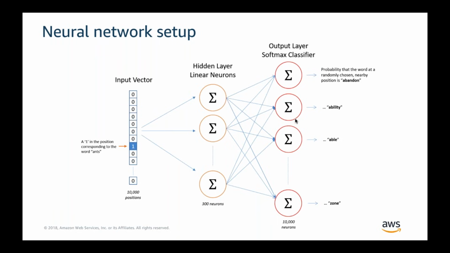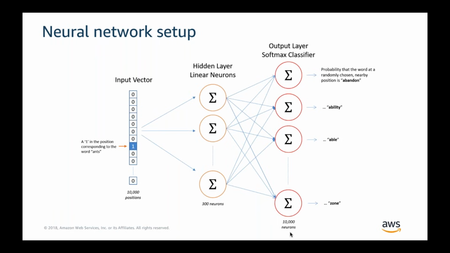Important point to note here is that the output layer is equal to the vocabulary size, right? Because it's one hot encoded form. In this case I'm showing you 10,000 words and 10,000 neurons because the vocabulary size is 10,000.